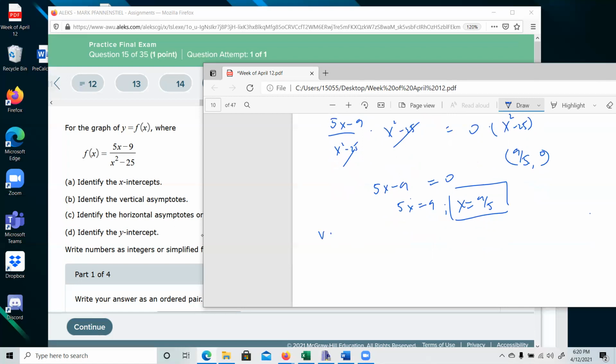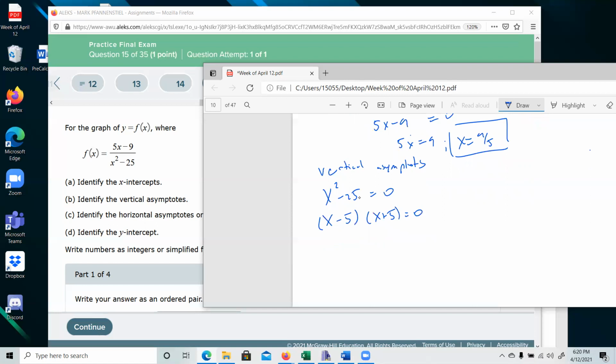What are the vertical asymptotes? That is x squared minus 25 is equal to 0. (x minus 5)(x plus 5) equals 0. It's always safer to do it this way than other methods because you're not losing information.